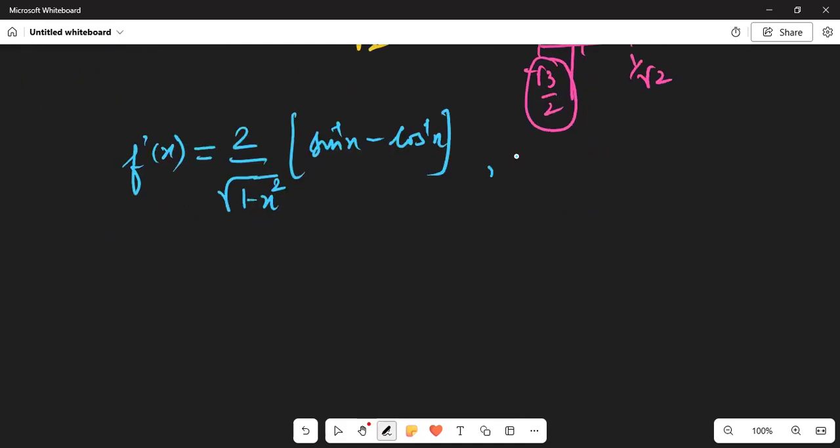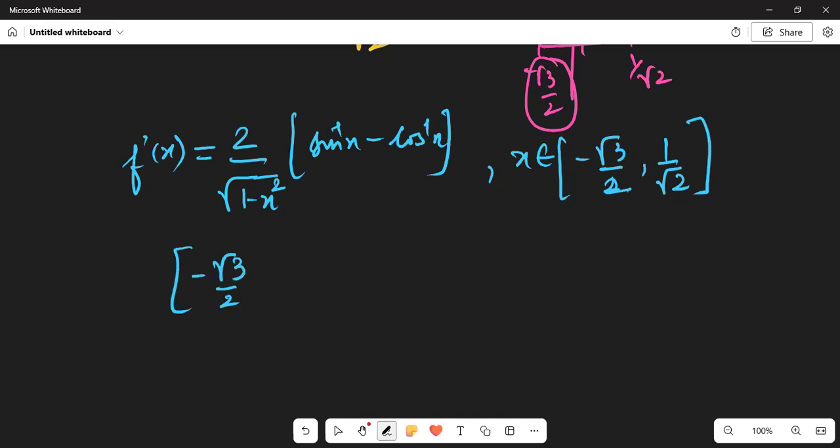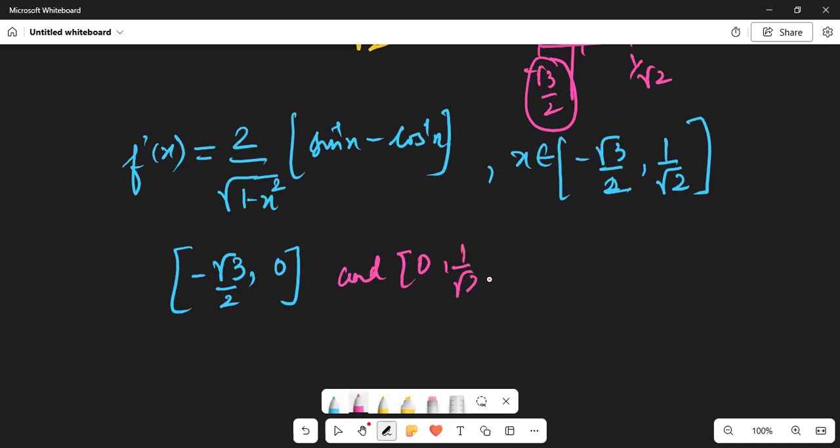Now x is lying in this interval. Now if we break the interval in two parts, now if you see this interval carefully, then x is taking a negative value.